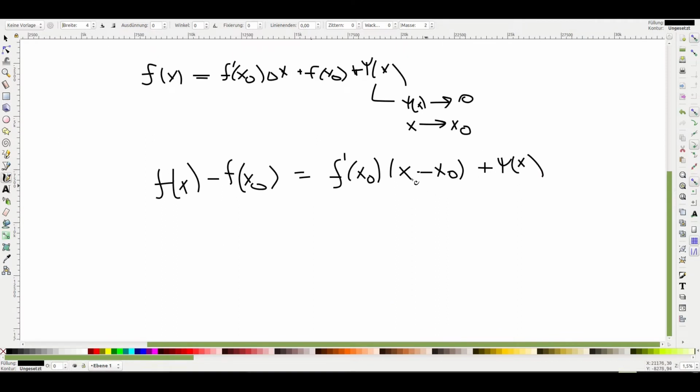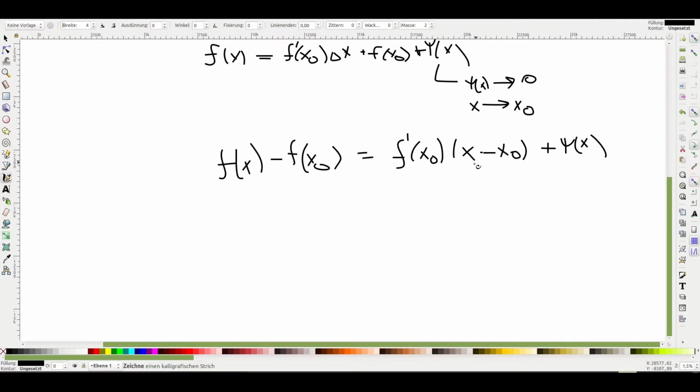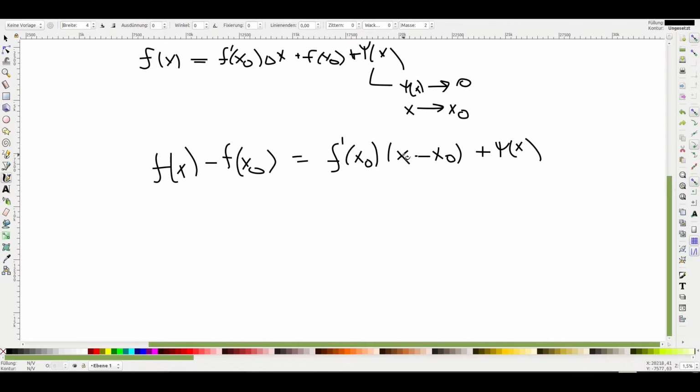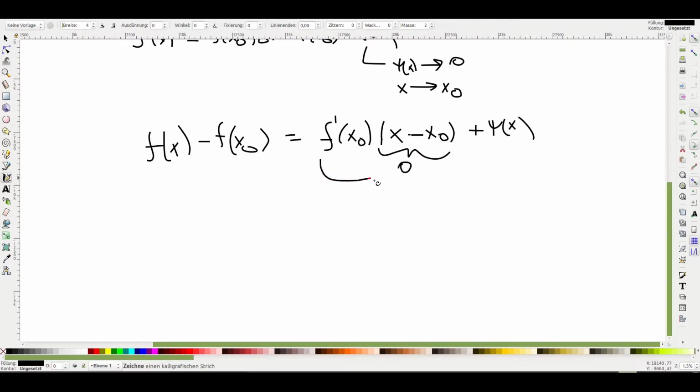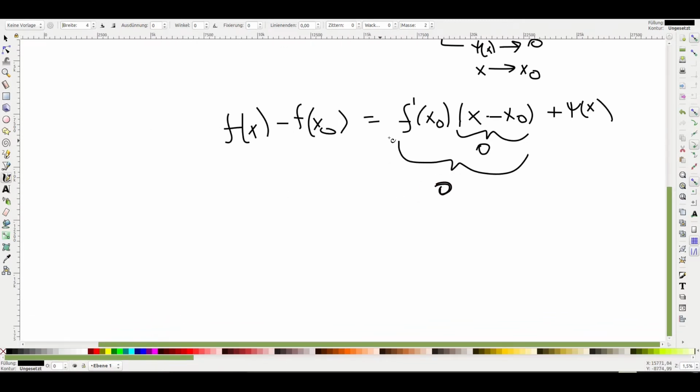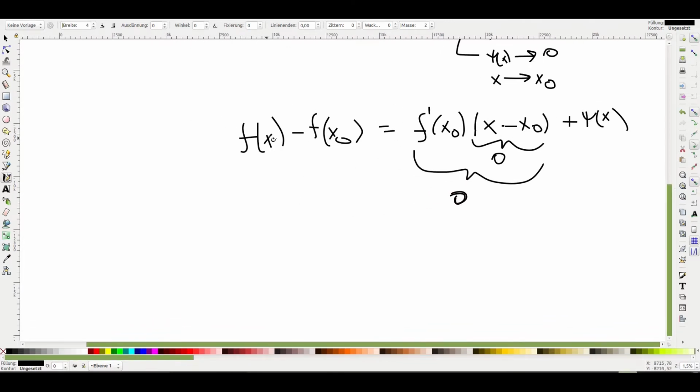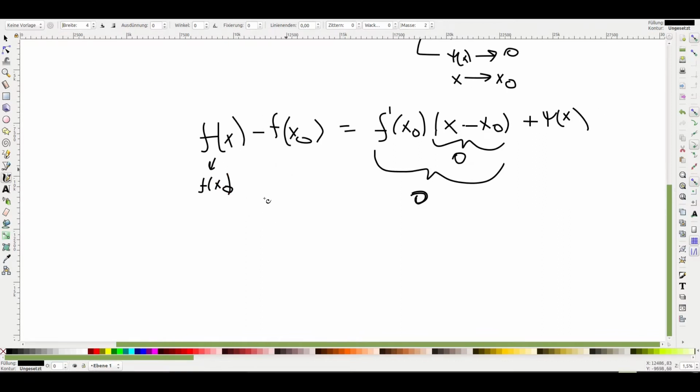So now we let x run towards x0, then we can see that in this case this expression here becomes 0, and hence this whole product here is 0. And as x also approaches x0, f of x approaches f of x0. So what we have here then is f of x0 minus f of x0, which makes this whole expression 0 as well.